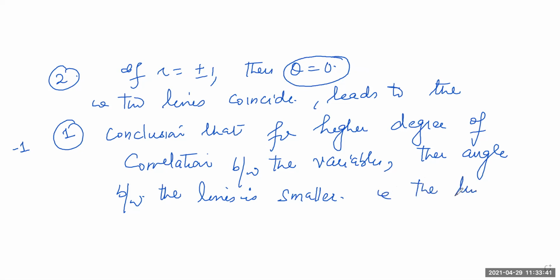That is, the two lines of regression are nearer to each other.